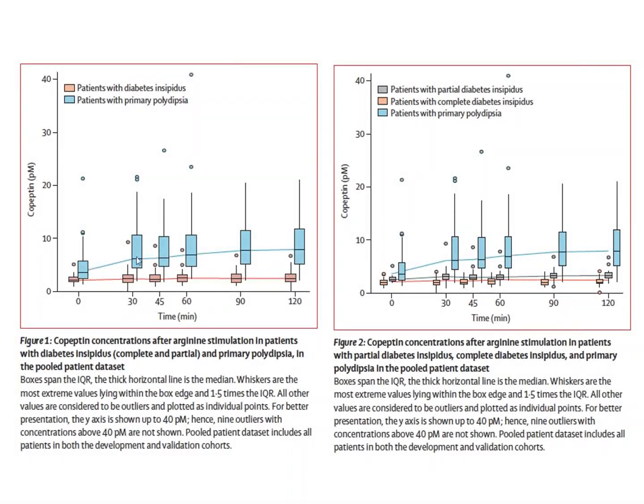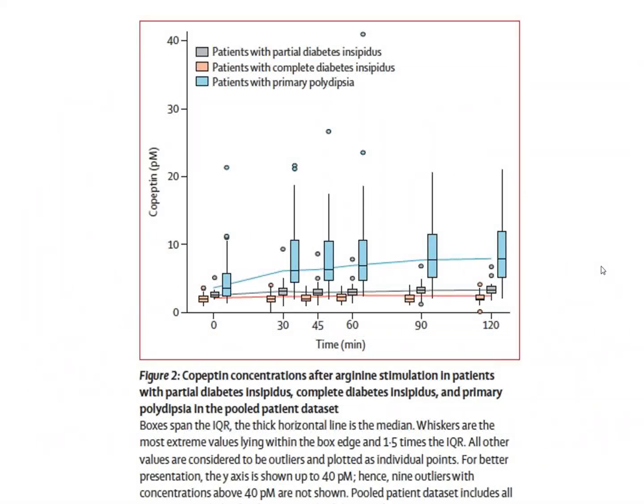And we see here that the patients with primary polydipsia have an increase in copeptin levels, and the patients with diabetes insipidus of a central nature have no increase. Then we have some patients that have partial diabetes insipidus compared to complete diabetes insipidus, but separating these patients with this technique, again, looks pretty impressive.